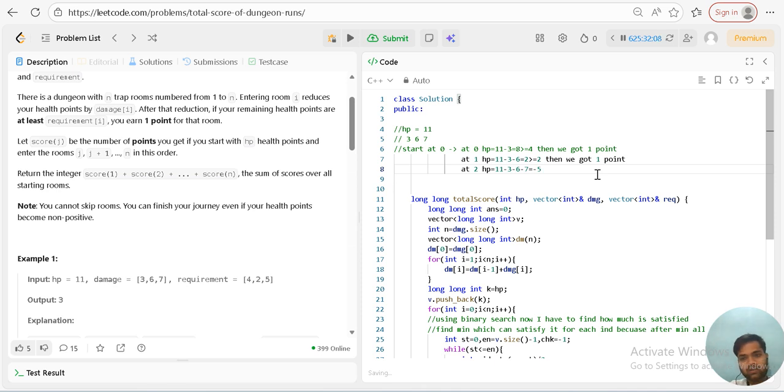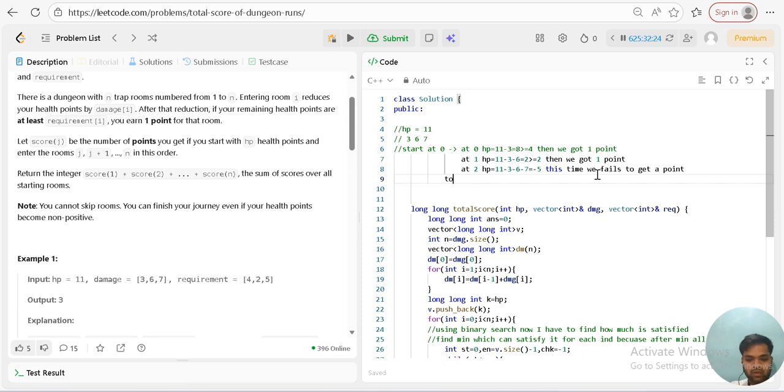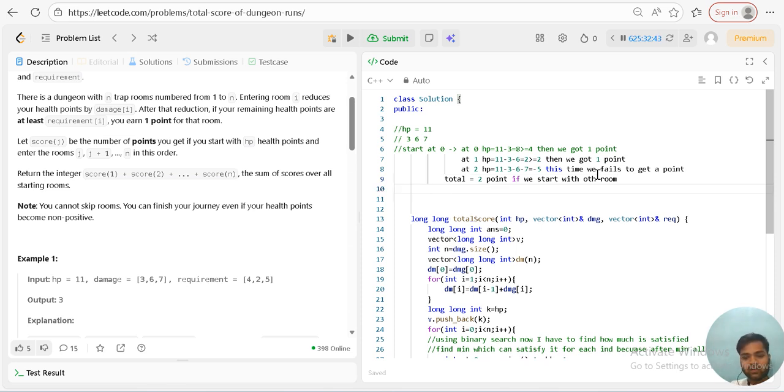This time we fail to get a point. Total 2 points if we start with 0 as the room.